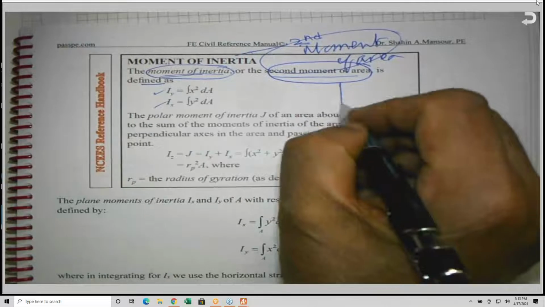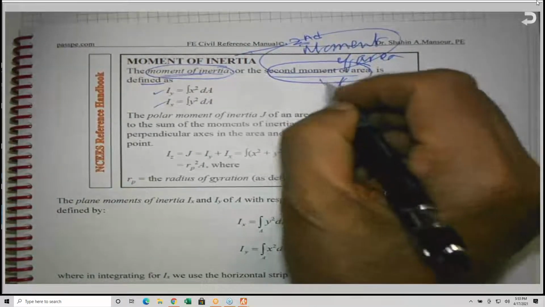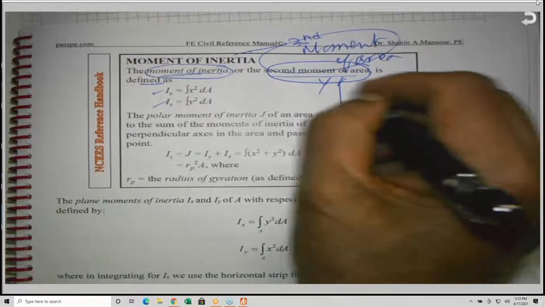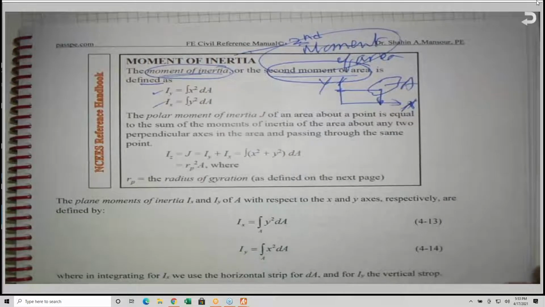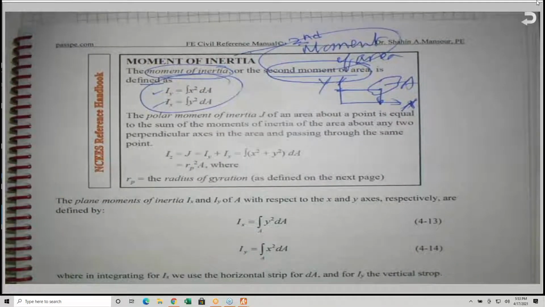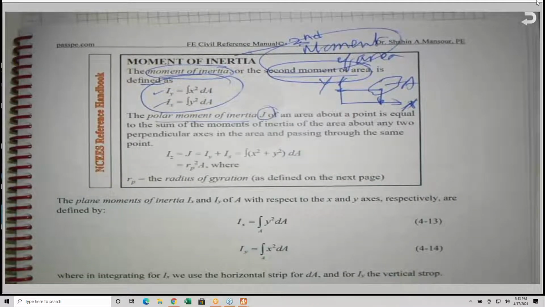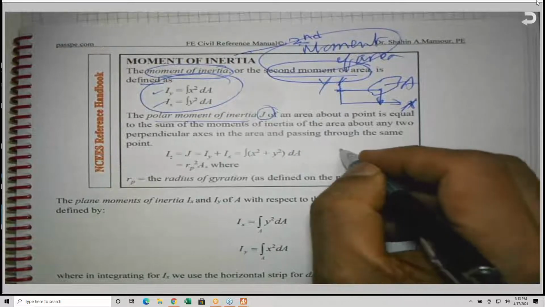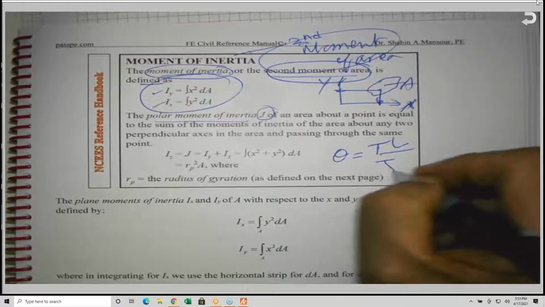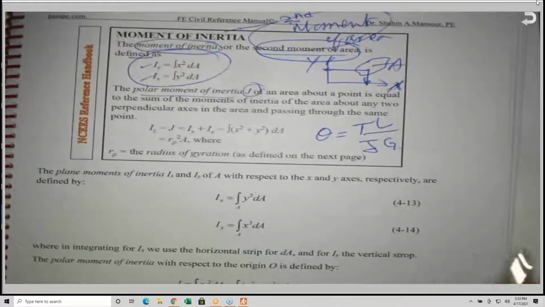So if you are given any area, and this is X and this is Y, we need to get the moment of inertia about the X and Y. They are given by both. We have something else called the polar moment of inertia, which we call J. We are going to see an equation: theta in the mechanics of materials is equal to TL divided by JG.